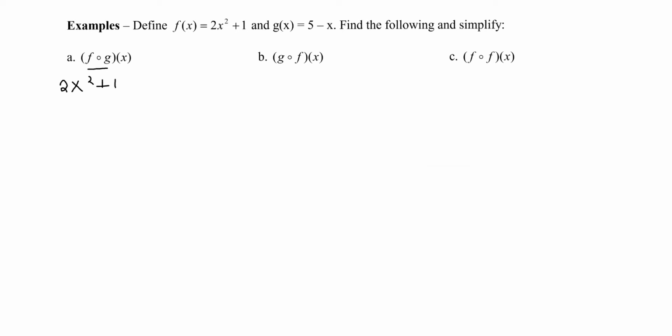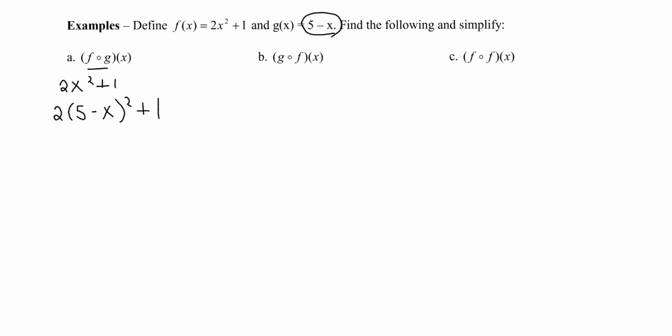So where there is a variable in f, you're going to plug in the second one, so g. So we're really going to have 2 times, and instead of x, I'm going to put my g function, so 5 minus x, and we'll keep the squared, and then plus 1.